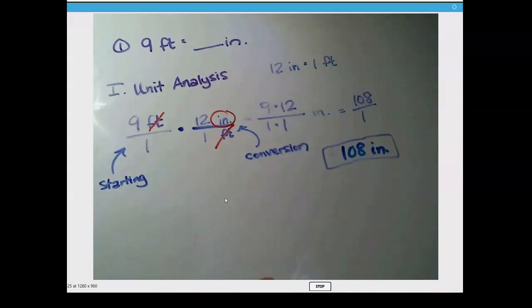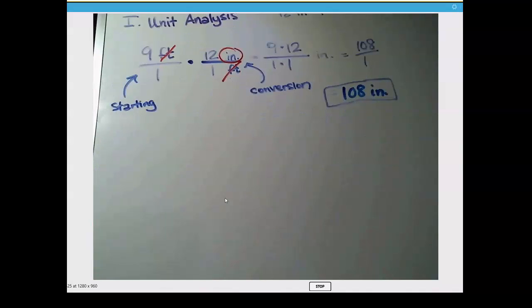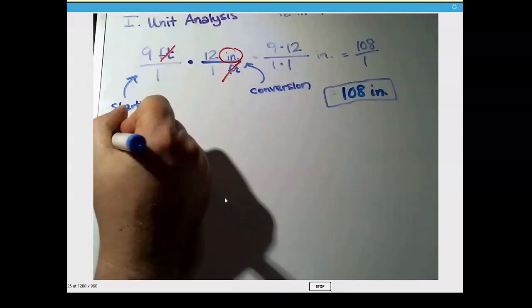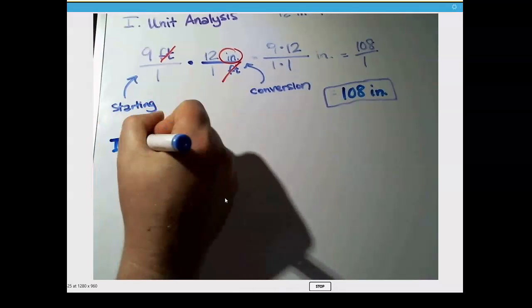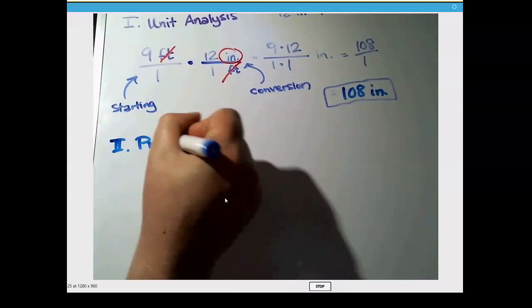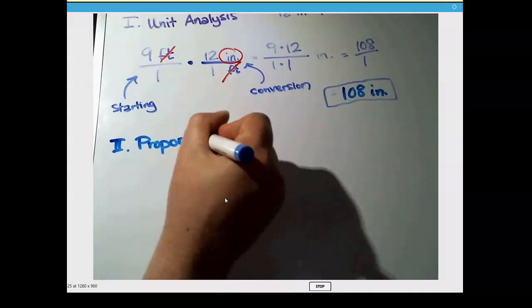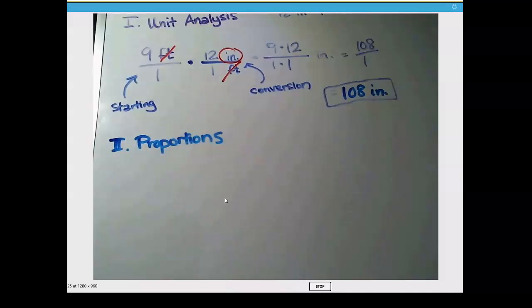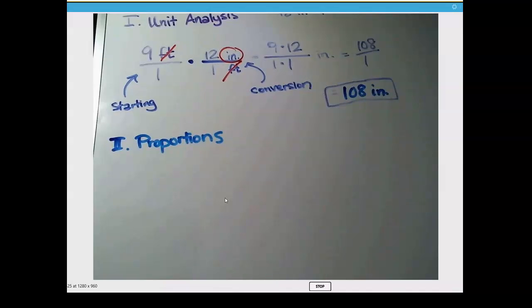The other method I'm going to show you is just setting up proportions, and it's perfectly fine. Problem with it is if you have a more complicated one, you have to do several setups, and that can get a little bit time consuming when you have to do it that way.